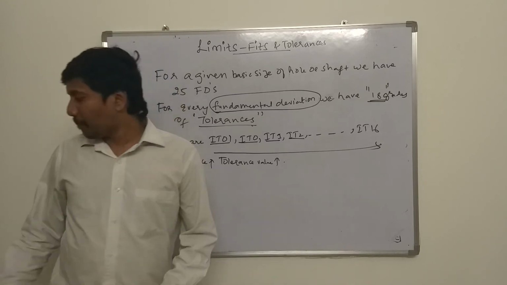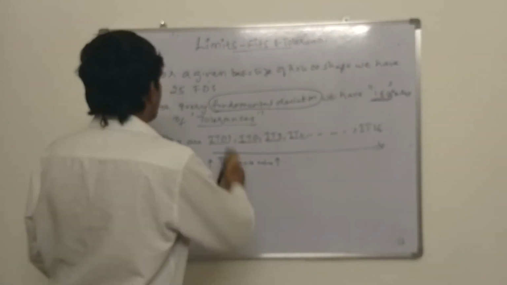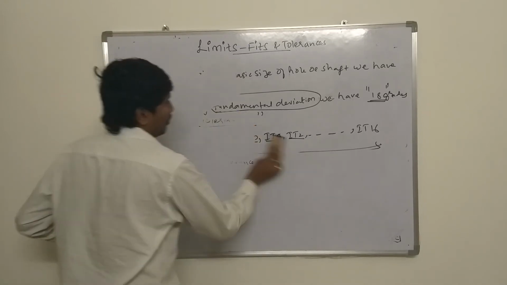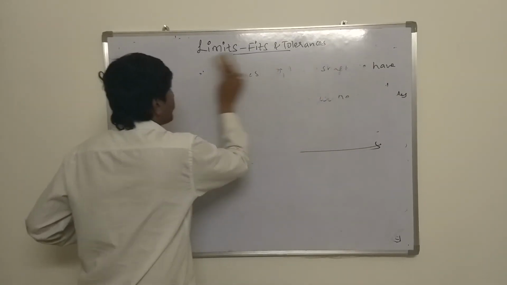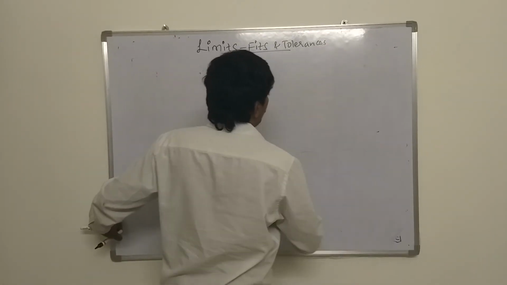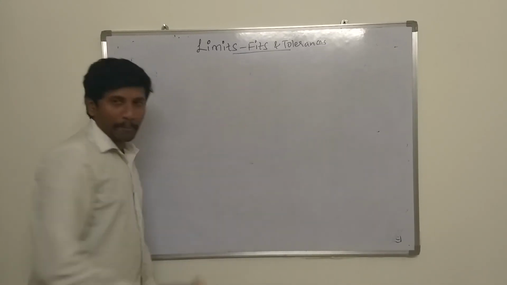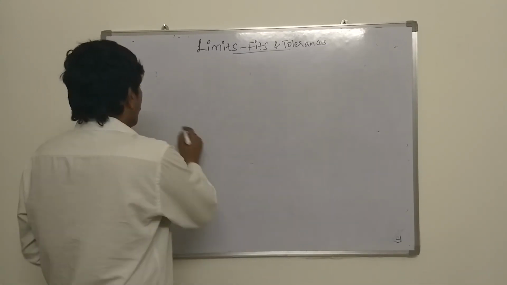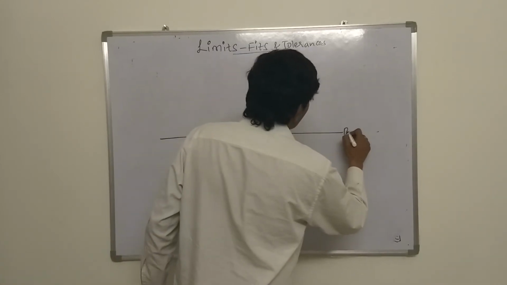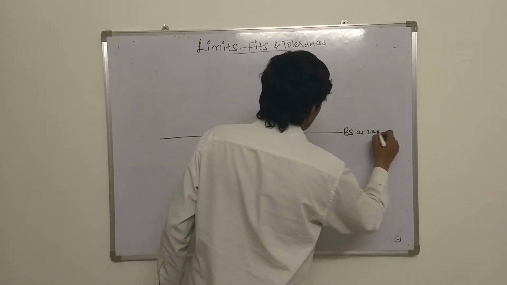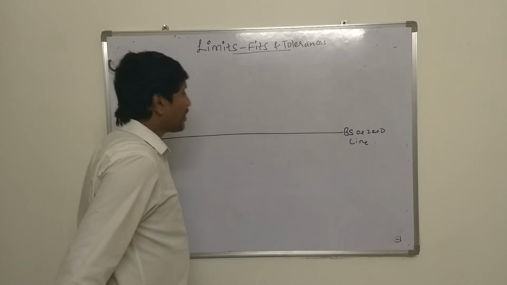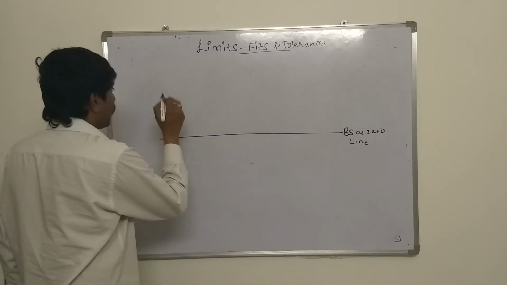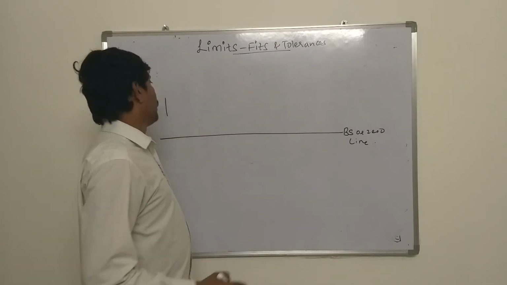Let us represent these 18 grades of tolerances in the form of a figure, so that the understanding can be made clear. For example, consider this as the basic size or zero line, and consider the capital A hole.